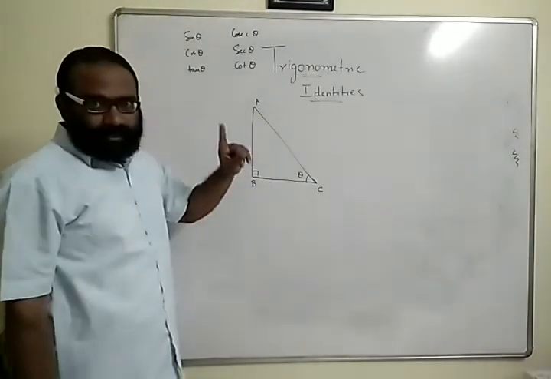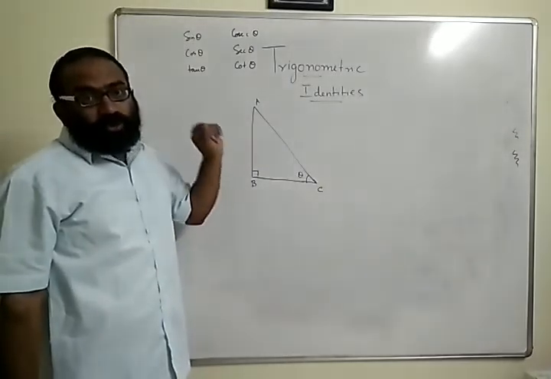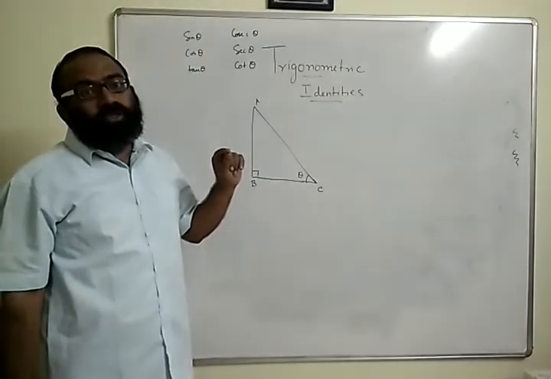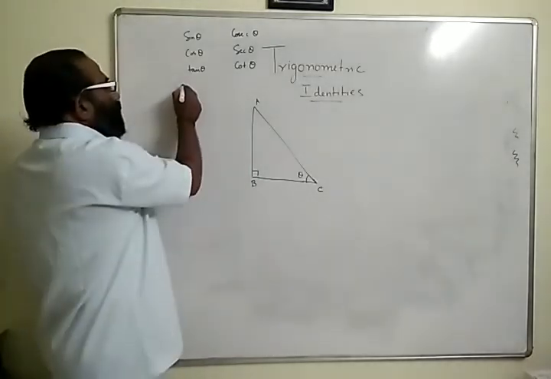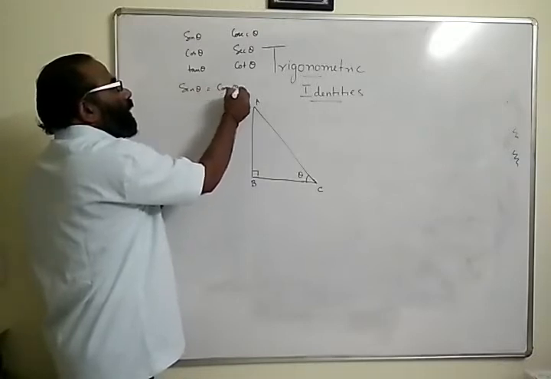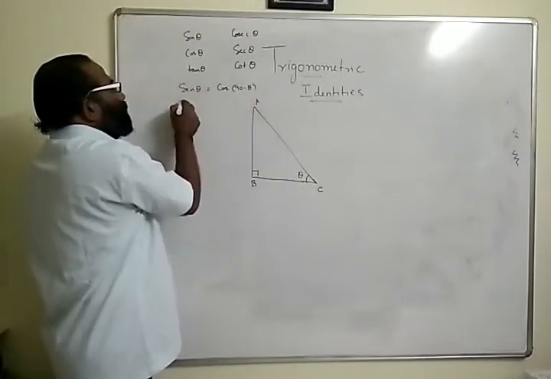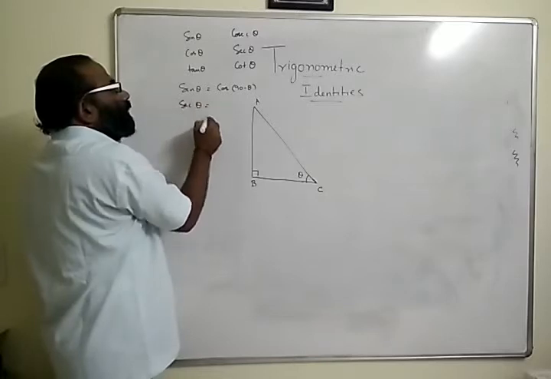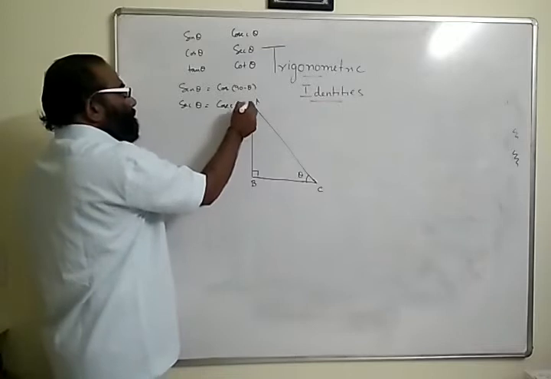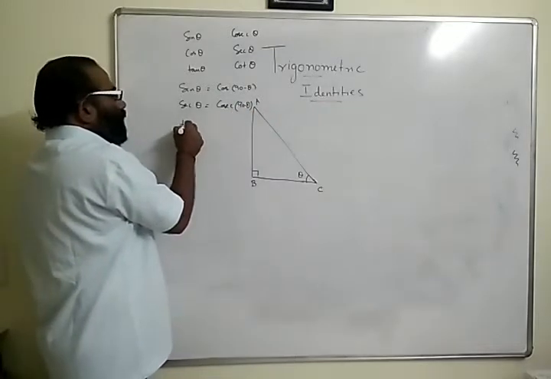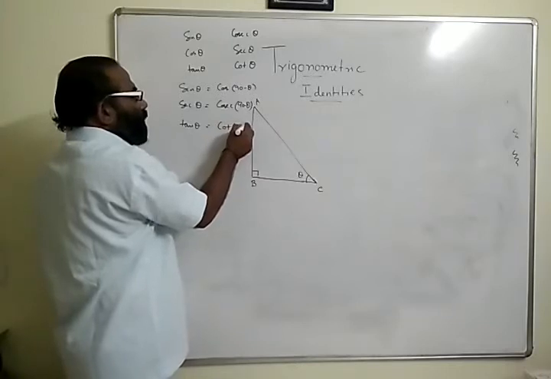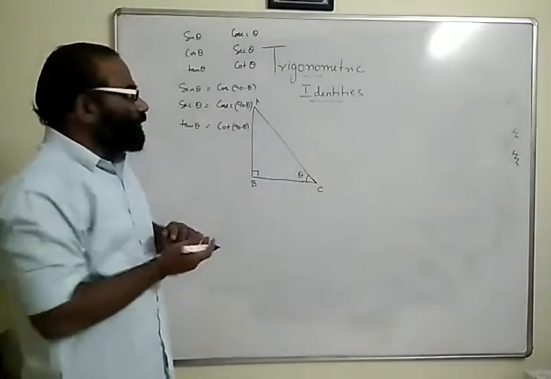So we know these, and also we know the relationship between trigonometric ratios having complementary angles. That is, sin theta equals cos 90 minus theta, secant theta equals cosecant 90 minus theta, tan theta equals cot 90 minus theta, and you can also reverse the order and write them.